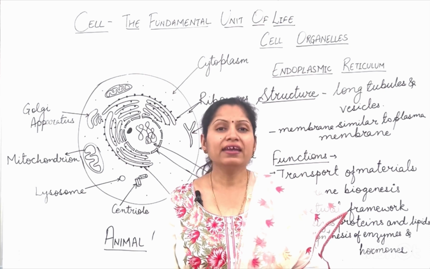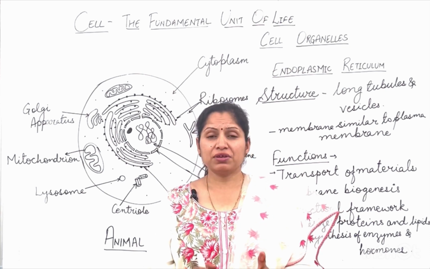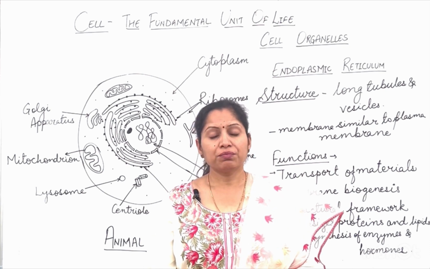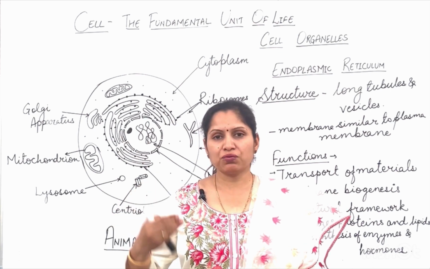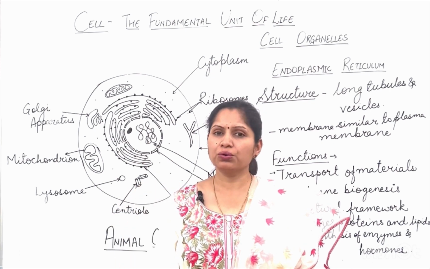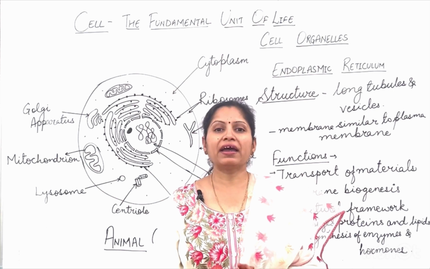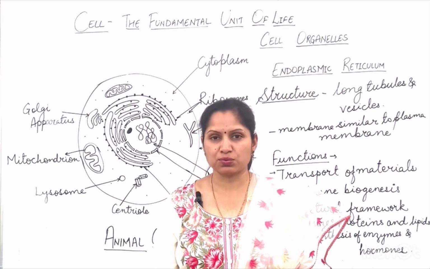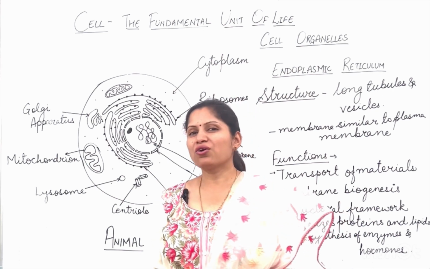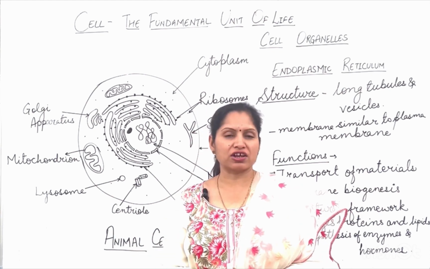And that is why every cell can be said to be a functional unit, because every function that is performed by an organism as a whole could be performed by each and every cell as well. That is why we call a cell a structural and functional unit.